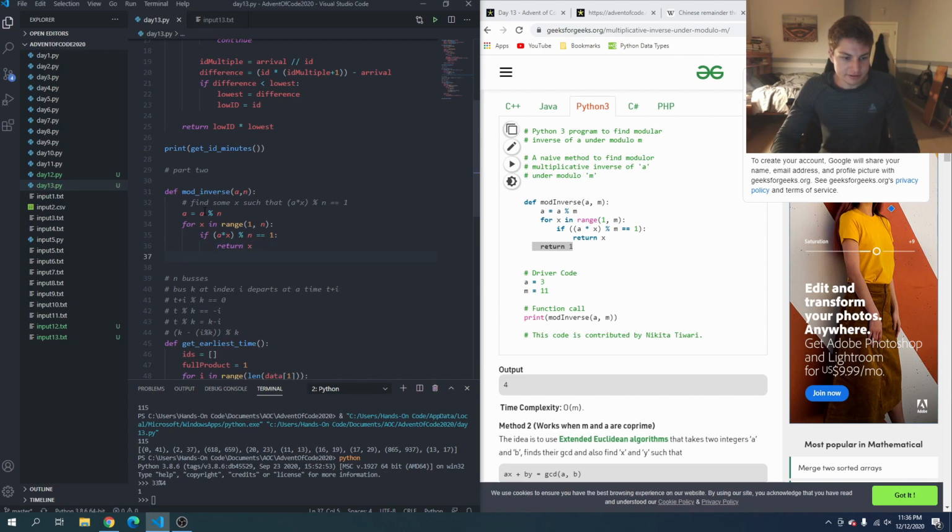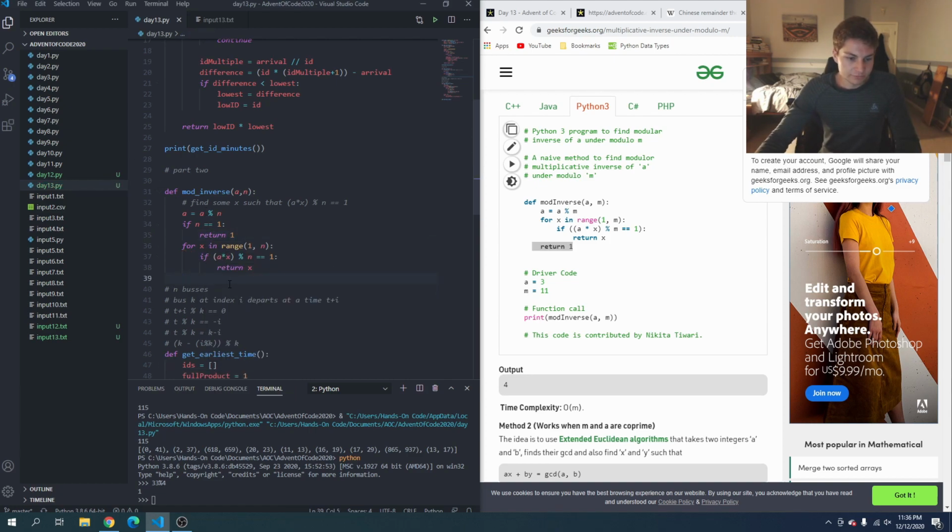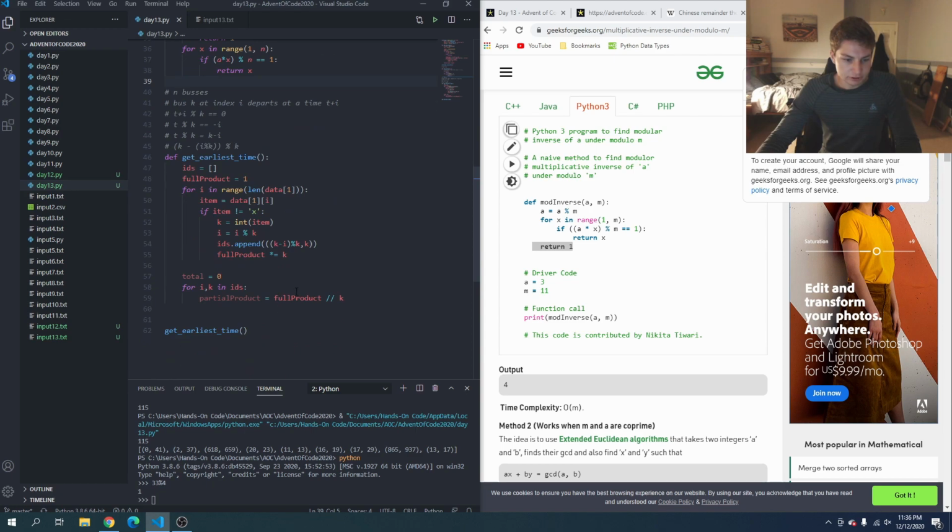And in the case that n is equal to 1, return 1. Okay, so hopefully that works, and we will test that it works.